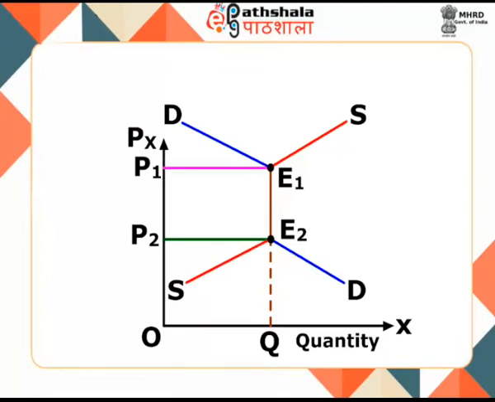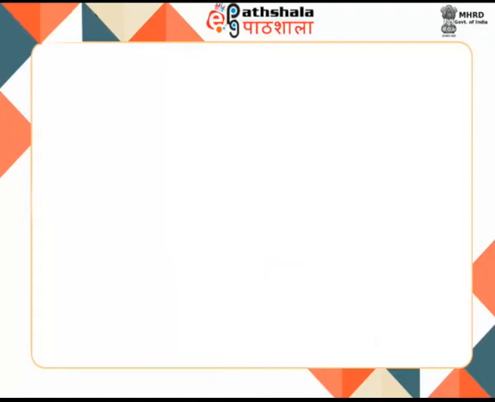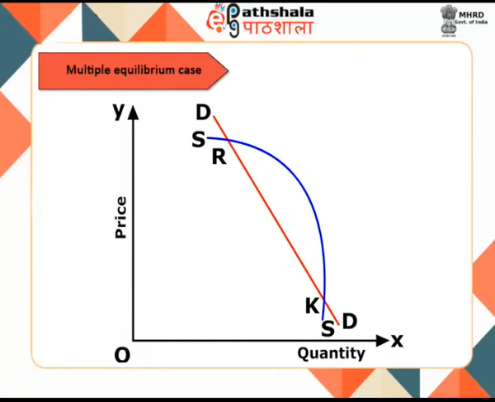Thus, between the price range P1, P2 or E1, E2, there are multiple equilibrium points. For example, multiple equilibria arise when a negatively sloping demand curve is intersected by a backward bending supply curve at more than one point, as shown in the figure.